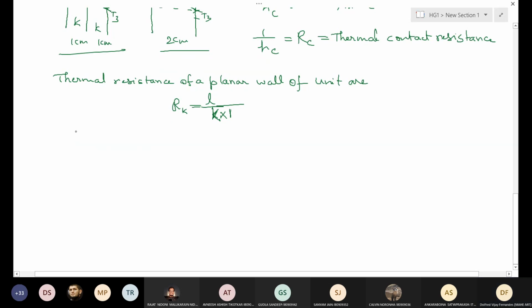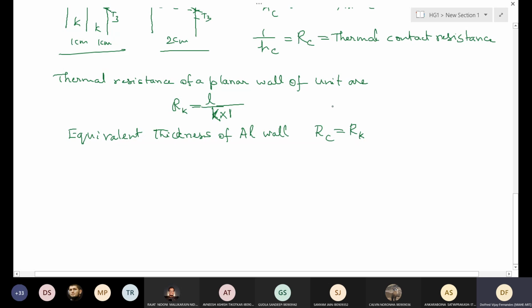So equivalent thickness of aluminum wall can be obtained by equating R_C equal to R_K.